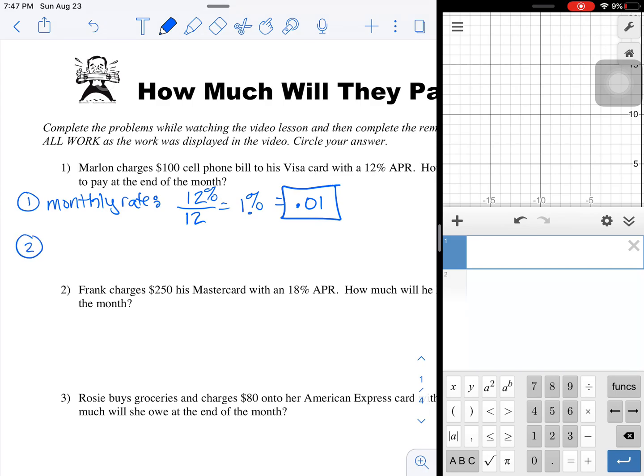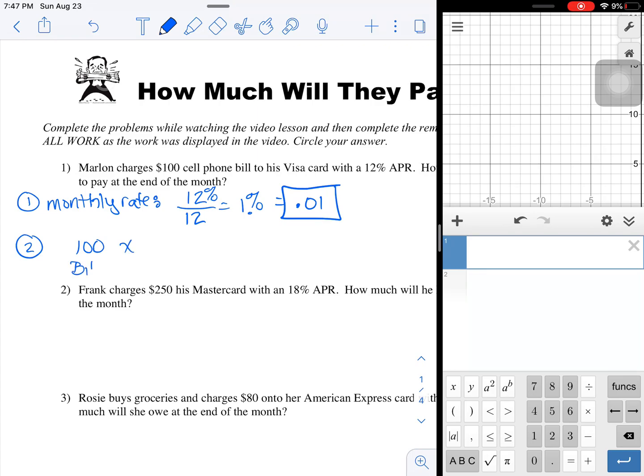Step 2 is going to take your bill and figure out the interest that accrued on this, the fee basically that you're going to pay. So your bill was $100 times your rate.